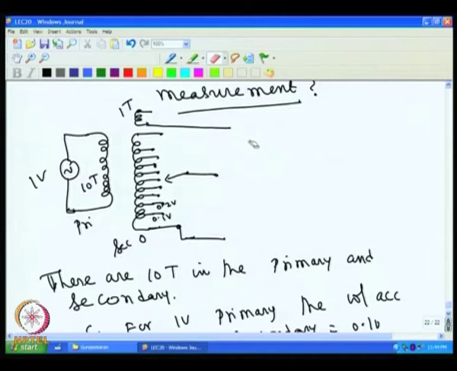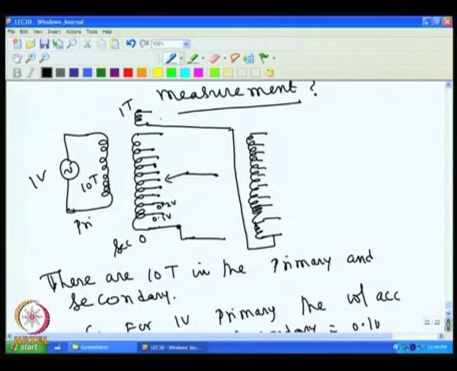So, you wind one more set of 10 turns here. So, you can have 10 turns, and these 10 turns can be connected to be energized by this 0.1 volt.